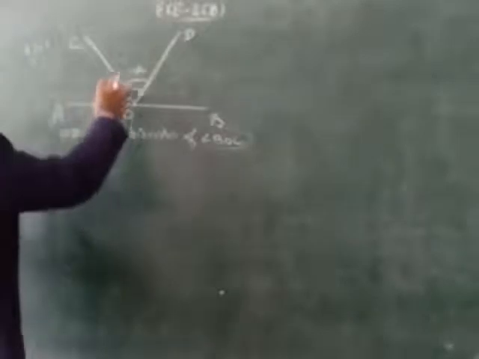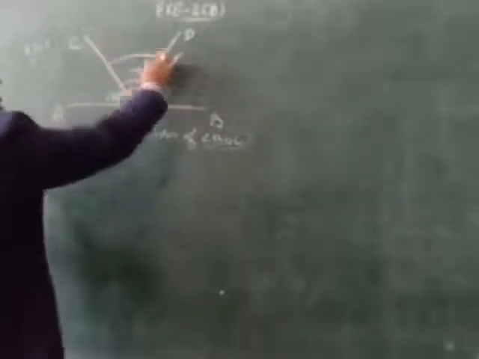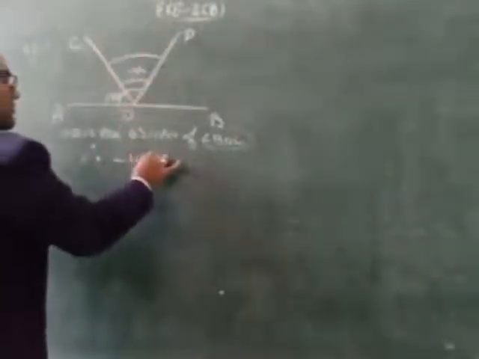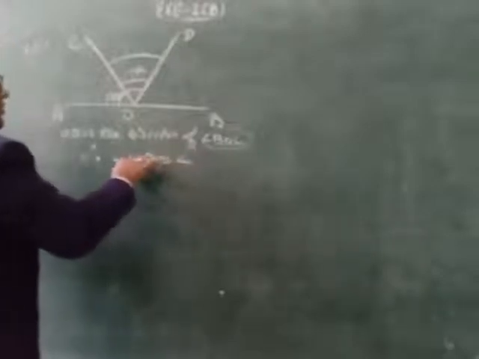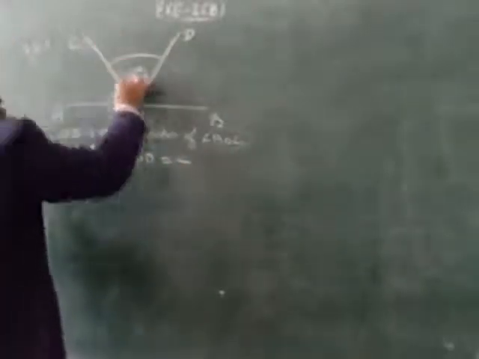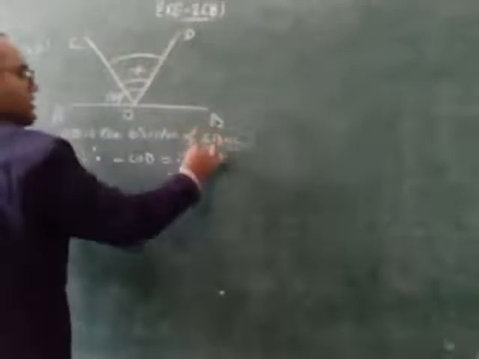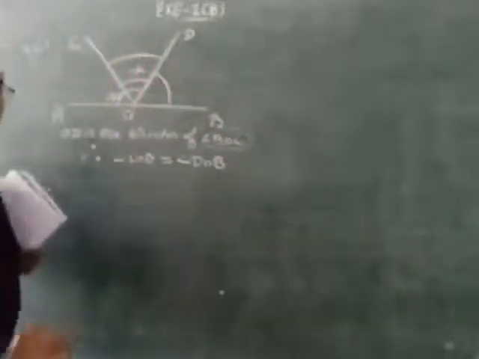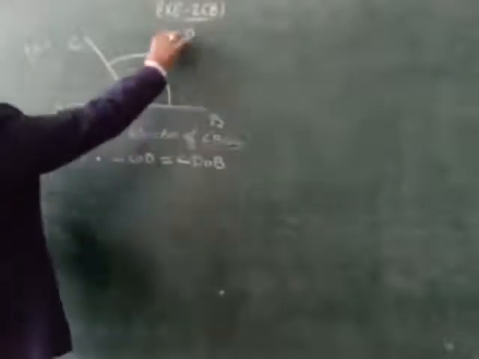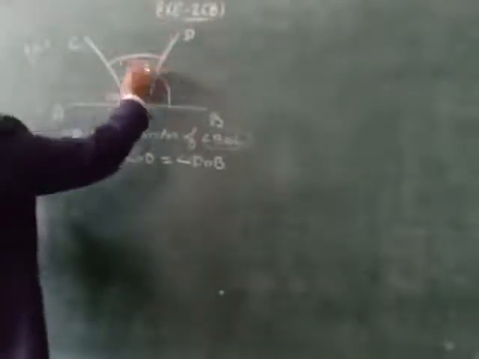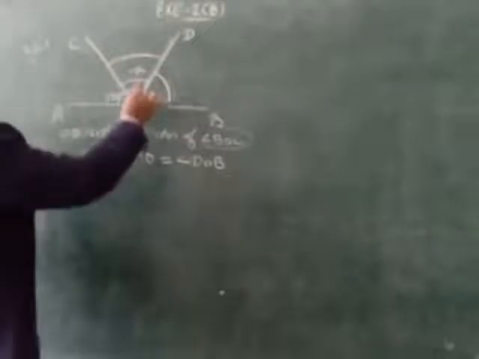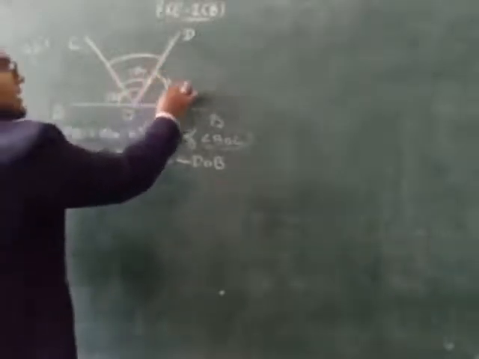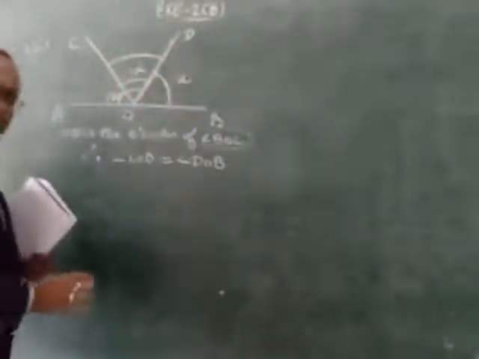Therefore we can say this much part COD will be equal. This angle COD will be equal to DOB. Why these two angles will be equal to each other? Because this OD line is the bisector, therefore these two angles will be equal to each other. This is x, so this angle will also be x degree.